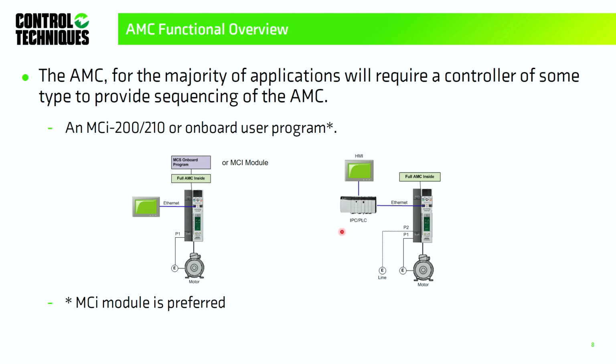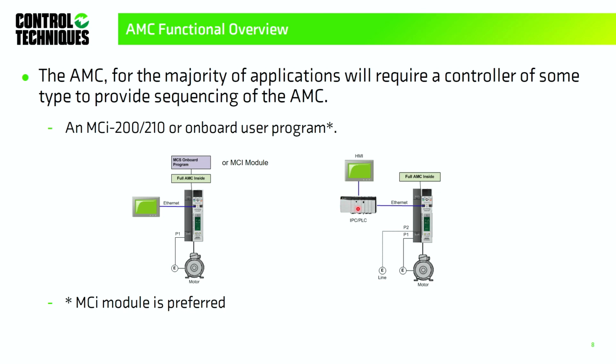Otherwise, you can use an IPC or a traditional PLC. If it's an Allen Bradley PLC, you can use the Ethernet IP interface on our drives to manipulate the AMC. We also have a plugin for Connect software called PLC Controlled Motion, which makes the setup of the AMC a lot easier.